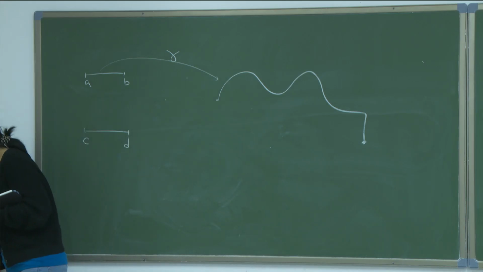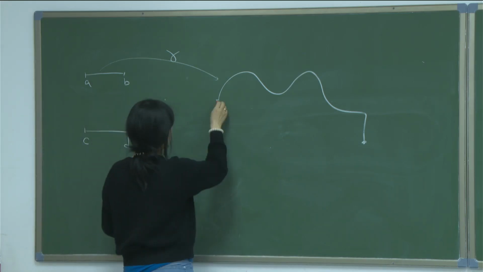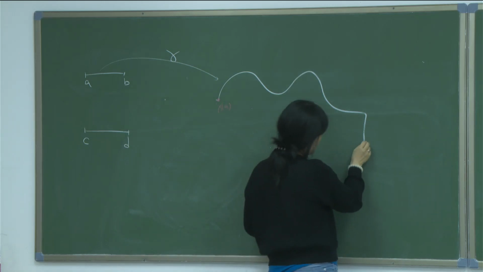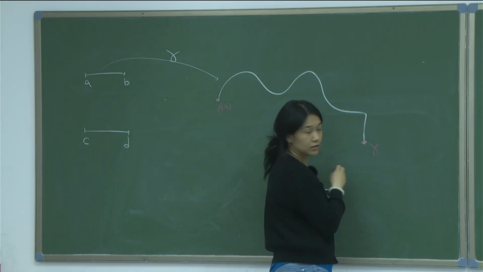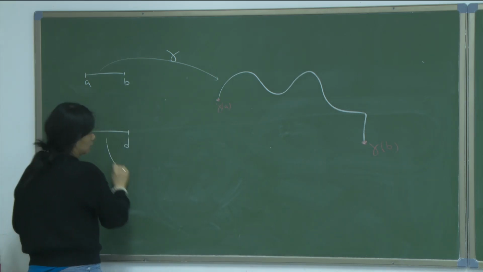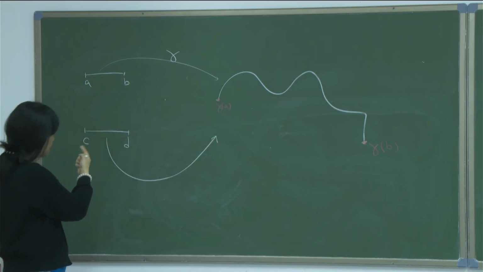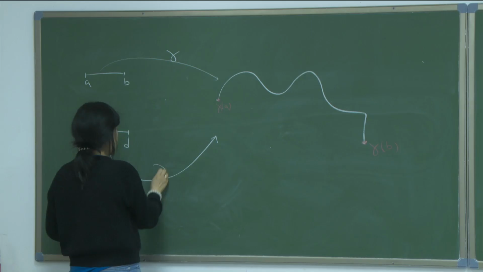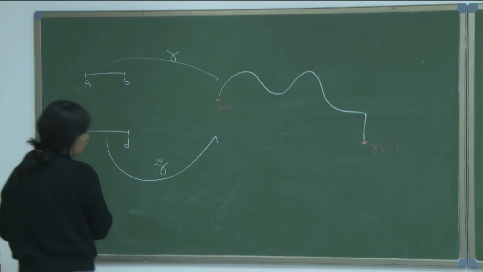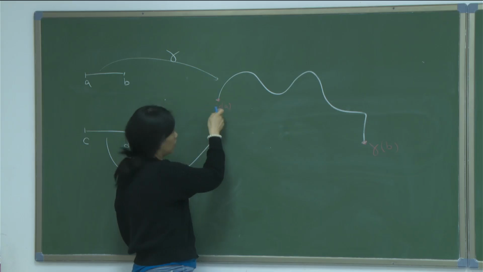And let's consider this point here to be gamma of A. And this here, gamma of B. Perfect. Now, I can also map from C to D to this curve, gamma tilde. So what is this point here?